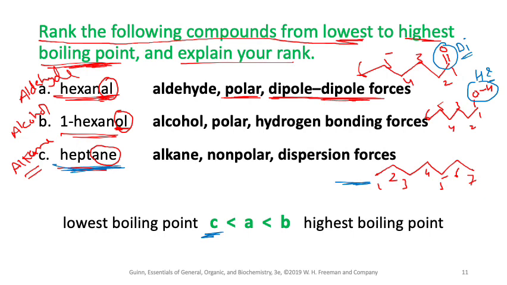Then after that, aldehyde, hexanal, only dipole interaction, whereas in B, which is an alcohol, it can form both hydrogen bonding as well as dipole interaction, and the time we see hydrogen bond, we know it is the strongest kind of interaction. So you need more temperature to break that bond. So that's why it's a higher boiling point, right? So this is how you solve the problem, depending on different functional groups in a given organic compound.